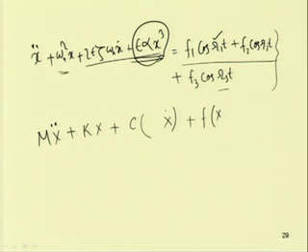We can have this forcing term as a function of x and t, and another forcing term which may be a function of x and x dot.